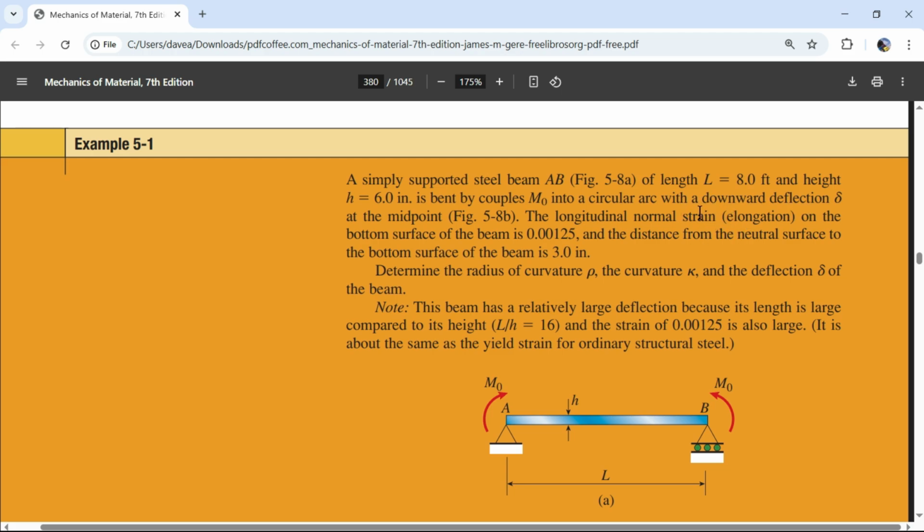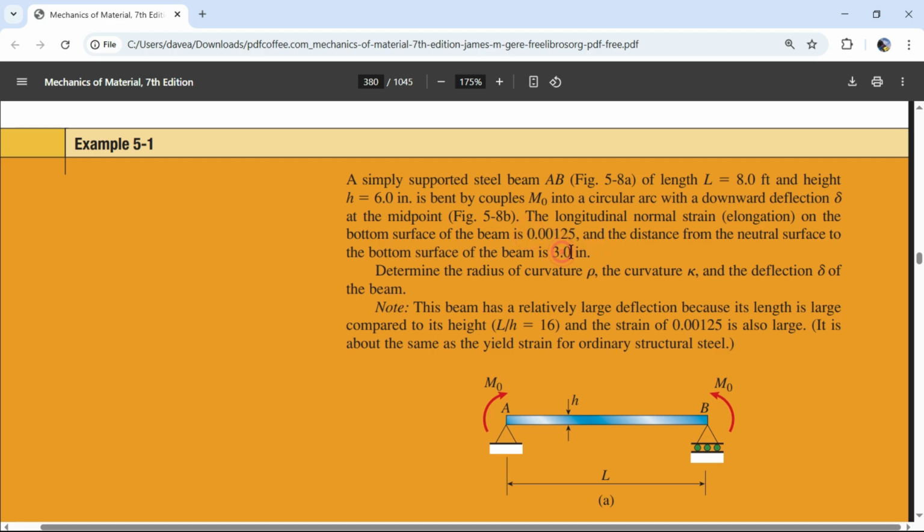Strain is changes in length, but the equation for strain is change in length divided by length. So if elongation is change in length, it's not equal to strain. If they're saying elongation is change in length divided by length, and that's strain, sure, we're on the right track. Because that's two different things.